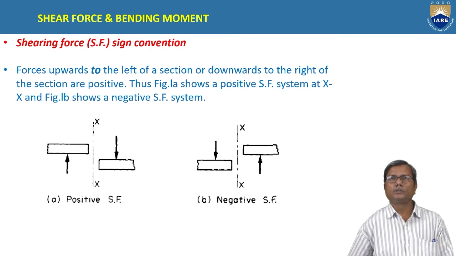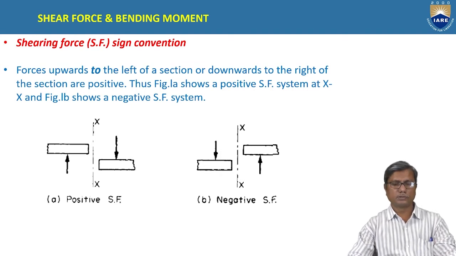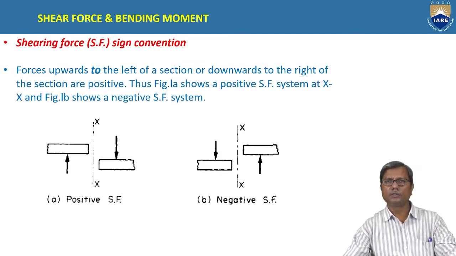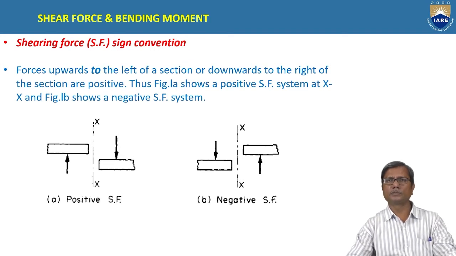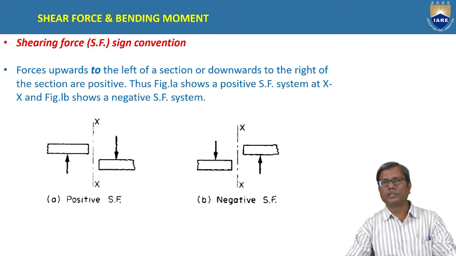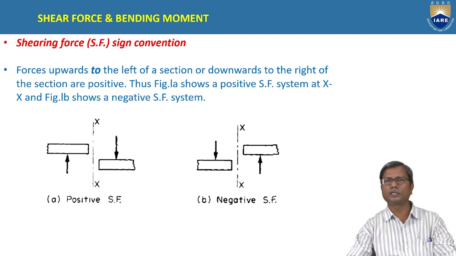So the sign convention that is to be remembered while we deal with drawing of shear force and bending moment diagrams is: positive shear force is the one which is to the left of the section acting upwards and right of the section acting downwards.